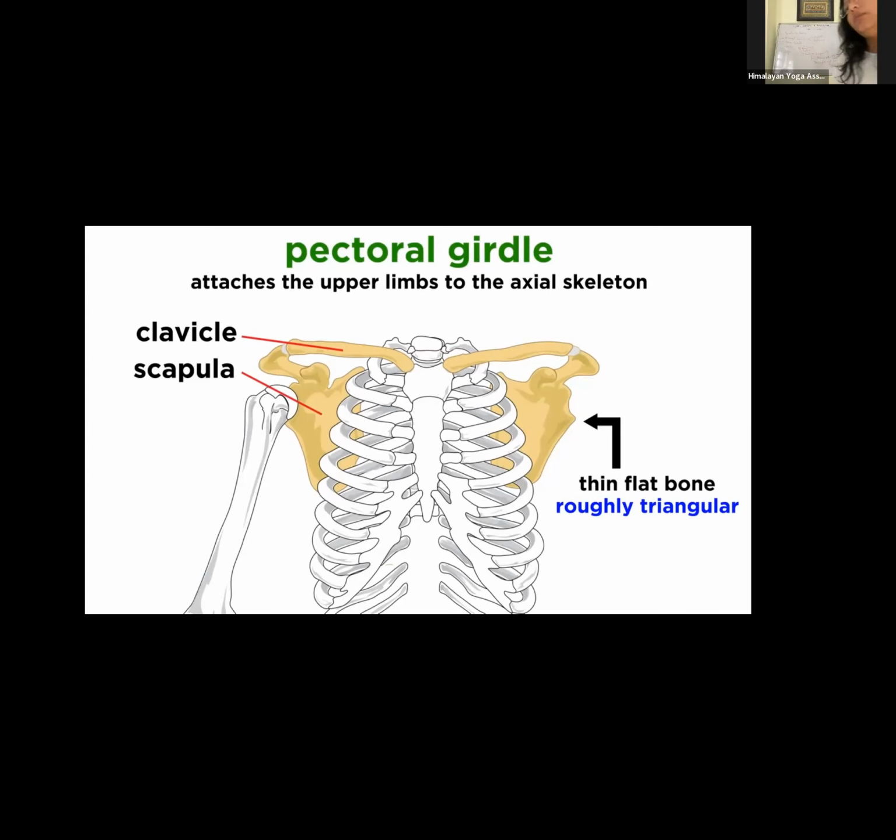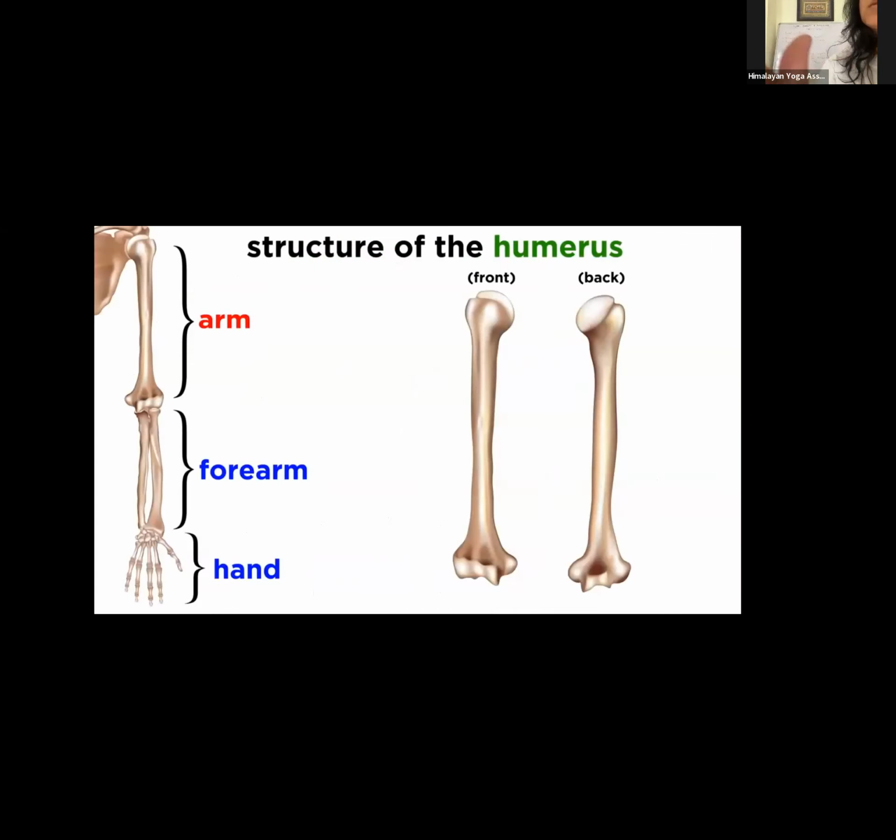Then we have a pectoral girdle, and now we'll be studying about the arms. Okay, so here we see the arms. This is the arm, then this is forearm, and this is the hand.